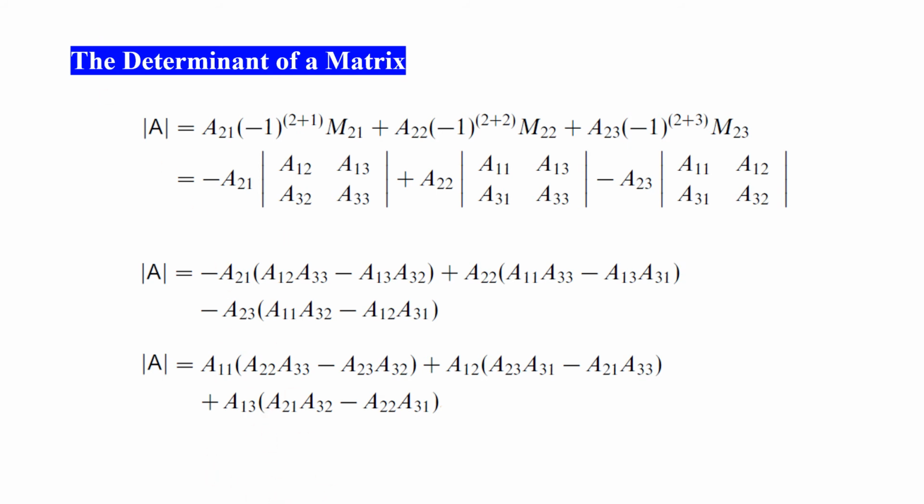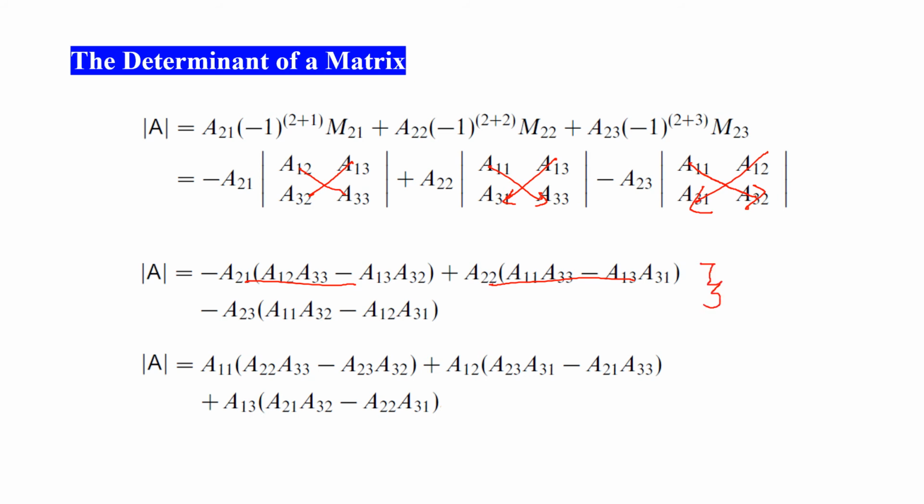That is, for this case here, for the first cofactor of your 2, 1, so that's A12 times A33 minus A13 times A32, plus A22 times this one here, A11 times A33 minus A13 times A31, minus A23 times A11 times A32 minus A12 times A31. So you have this one here.